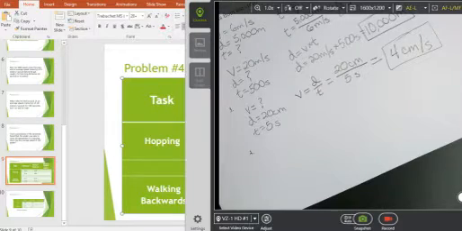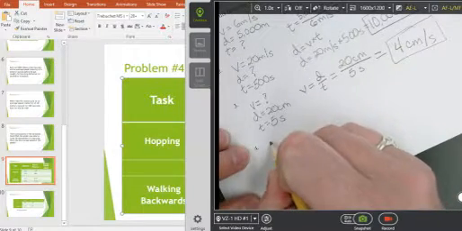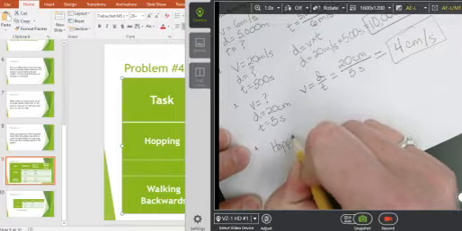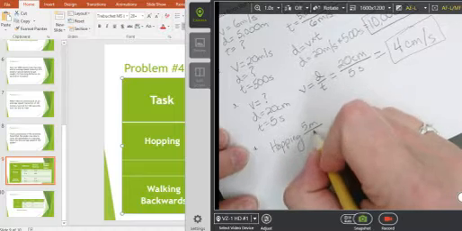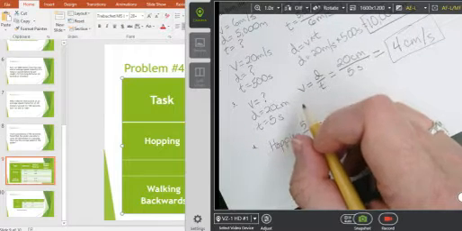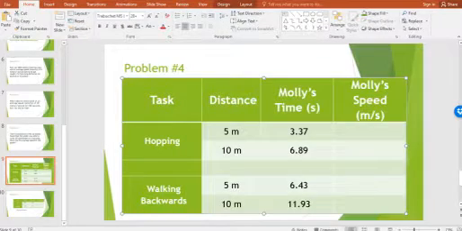The first one is hopping 5 meters, 5 meters divided by 3.37 seconds. And we have hopping 10 meters, 6.89 seconds.